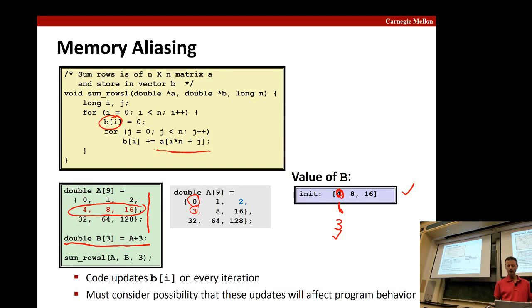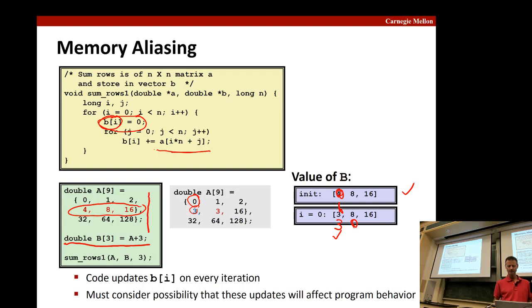So now when we go on to the next row, this second row of A is interesting, right? It's changed. The first thing we do is set this thing to 0, which we meant to do over here, but because of this aliasing, it actually also sets that to 0 there.